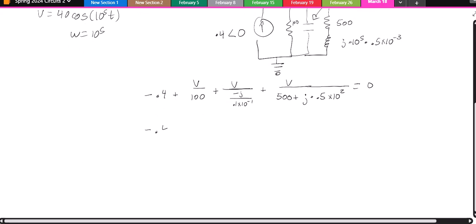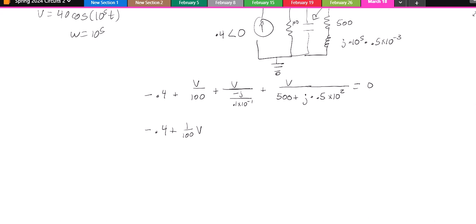So this is minus 0.4 plus 1 over 100 V plus 0.1 times 10 to the negative 1 is 0.01, and then I'll take the reciprocal of that, 0.1 over minus J times V plus 1 over 500 plus J 0.5 times 150 V equals 0.